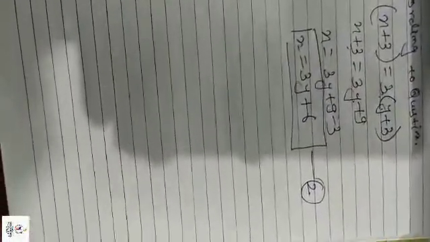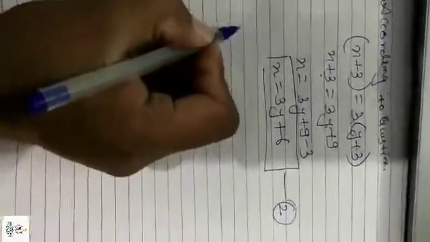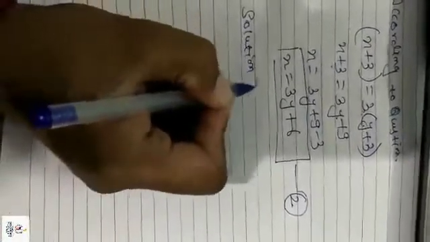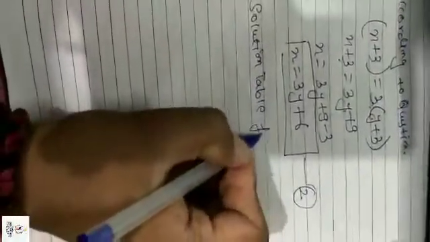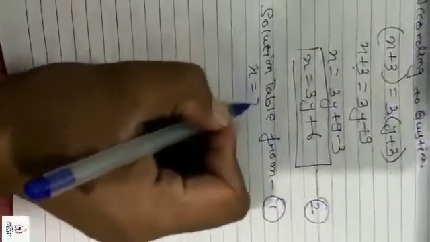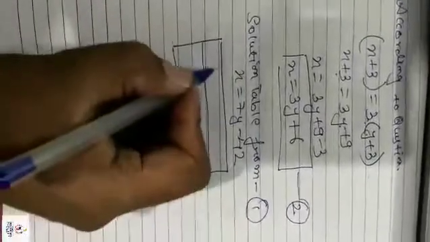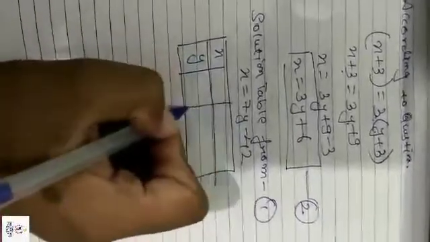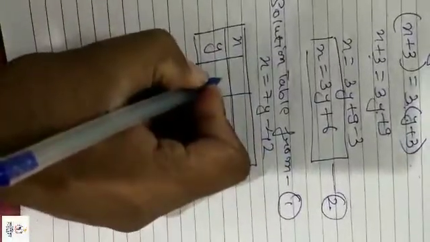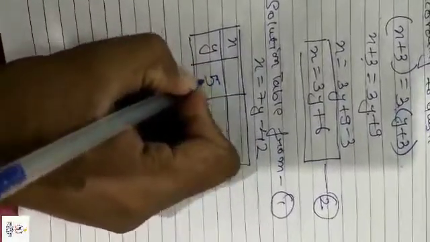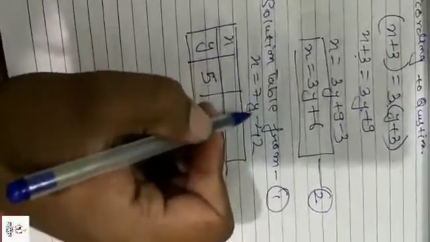Now we will make a solution table for the first equation. Our first equation was x is equal to 7y minus 42. So if we make a solution table of x and y: if we put the value of y as 5, 7 fives are 35, 35 minus 42 is minus 7.